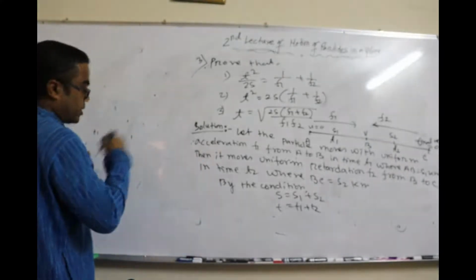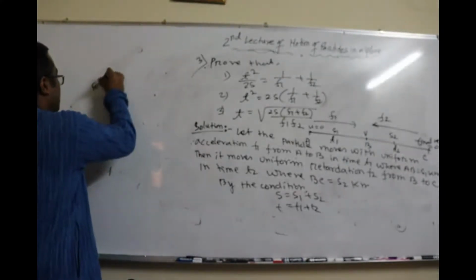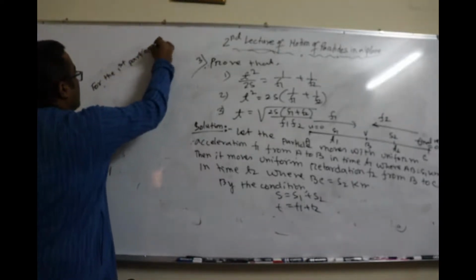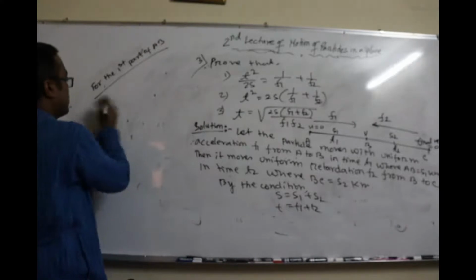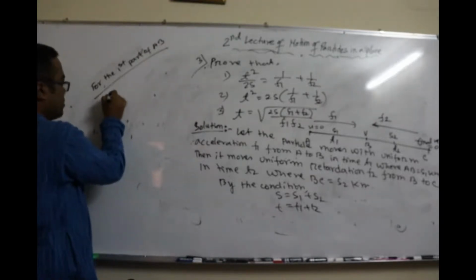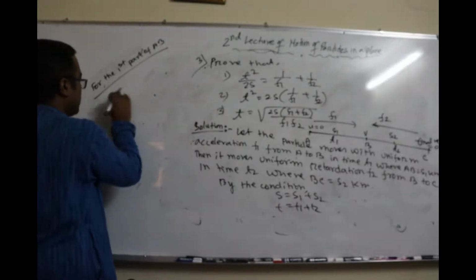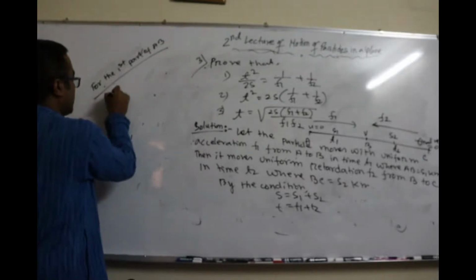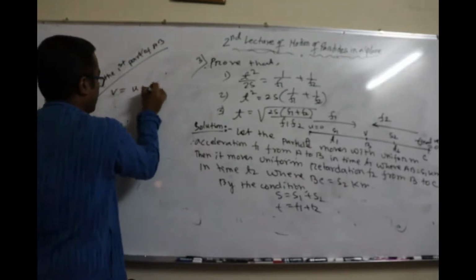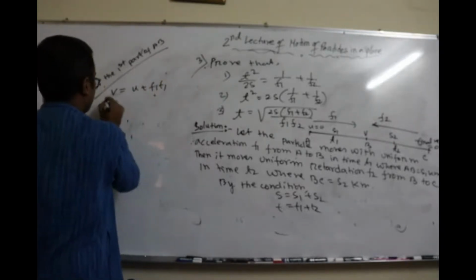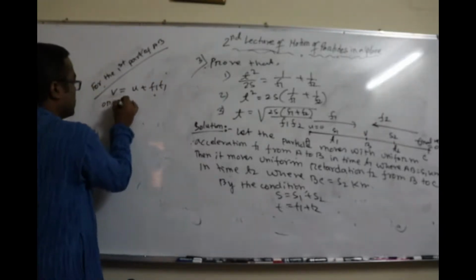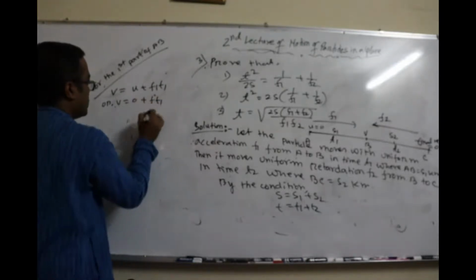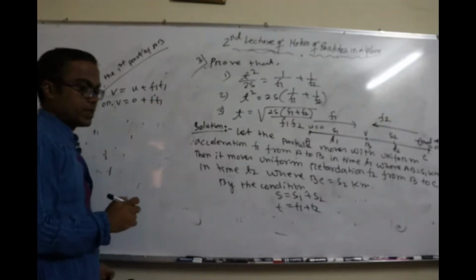For the first part AB, V equals U plus F1 T1, or V equals 0 plus F1 T1. Clear, my dear student?